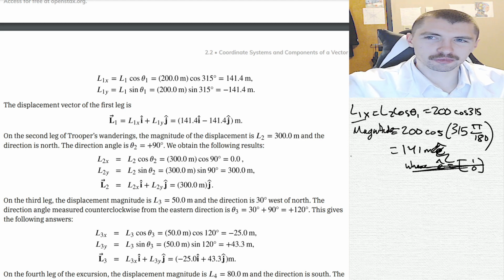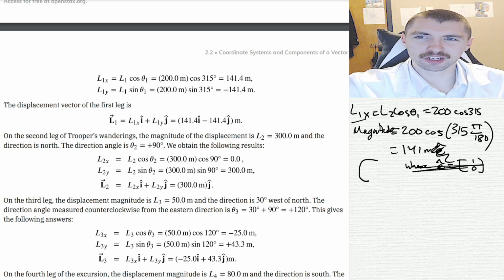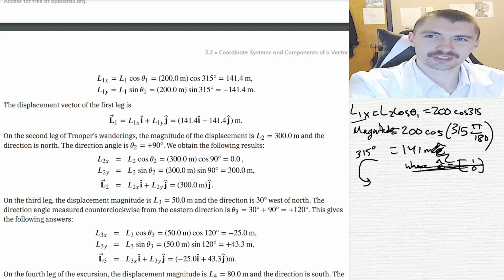One thing I had trouble with is conceptualizing this whole turn as a degree. Like, this is a 315-degree turn. It's hard to conceptualize the SOHCAHTOA in that form.